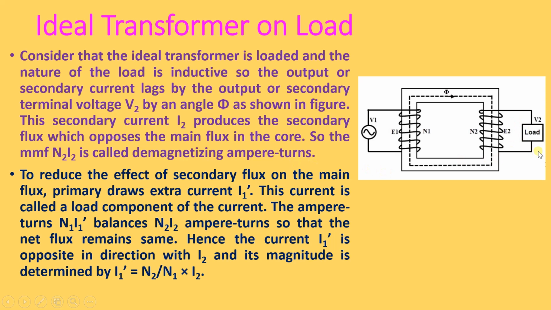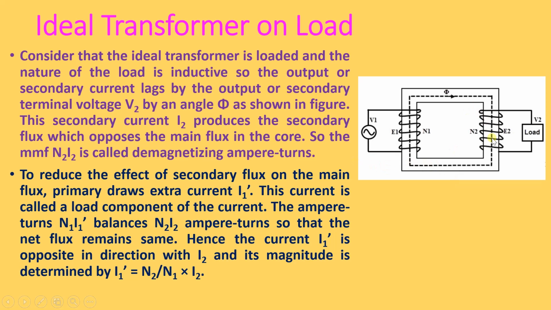When the load is connected across the transformer, let's say this load is an inductive load. When an inductive load is connected, it means the current lags behind the secondary voltage. The secondary current I2 lags behind the terminal voltage V2 by an angle phi.